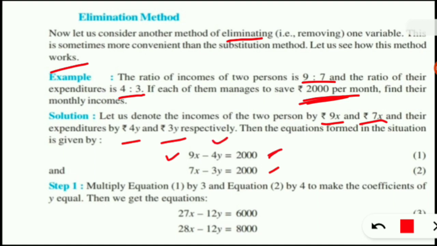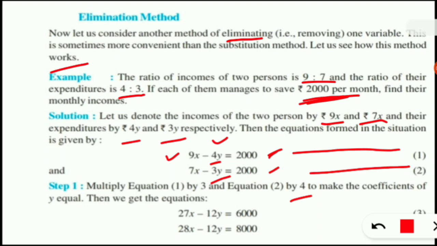Clear? Now step 1, multiplying the equation 1, this is equation 1 and this is equation 2. So multiplying equation 1 by 3 and equation 2 by 4 to make the coefficient of y equal. Okay, if we first eliminate y, then the coefficients of y must be equal. If we multiply equation 1 by 3 and equation 2 by 4, then both the coefficients of y are equal.